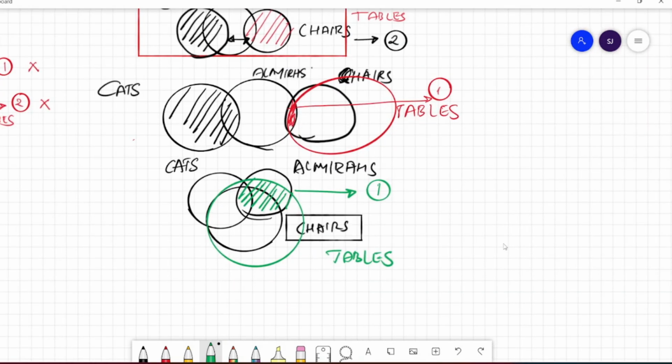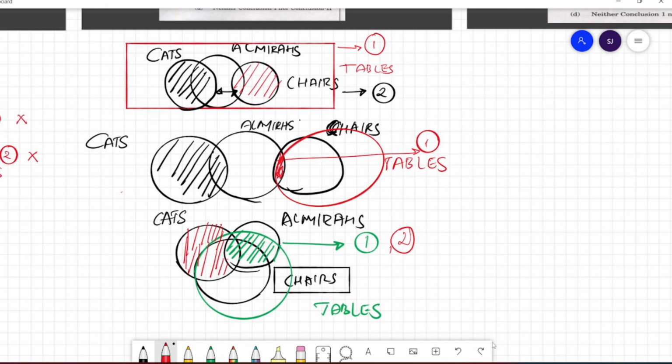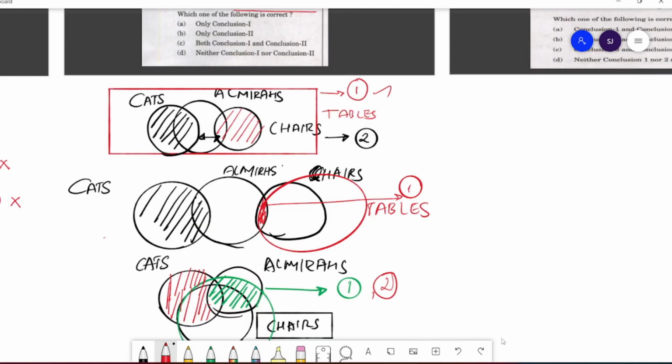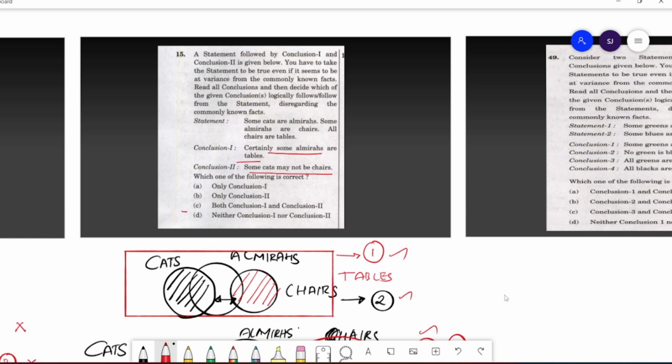So the portion that I'm marking with red, some cats may not be chairs, this also holds. And in all the diagrams that I have drawn, 1 and 2 are conclusively true, and that is the answer.